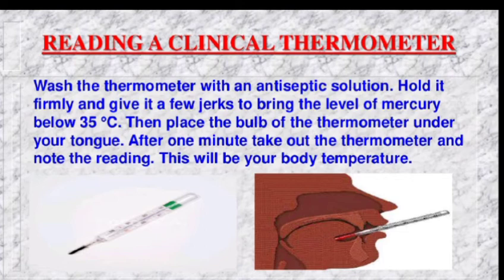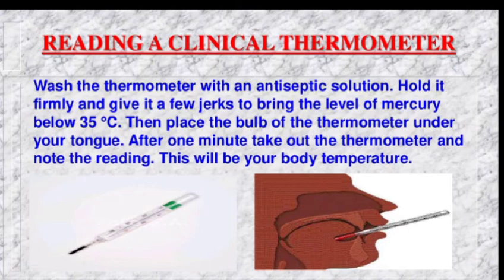Now, one may get a question in his mind: why doesn't the temperature in a clinical thermometer drop when it is taken out of the mouth? Actually, when the thermometer is taken out of the mouth, the mercury in the bulb contracts as the temperature outside the body is normally less, and the mercury column breaks at the kink.